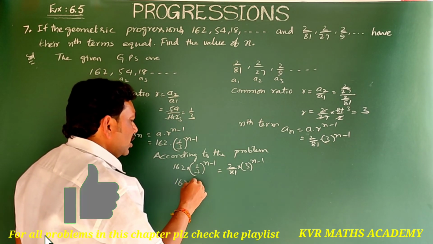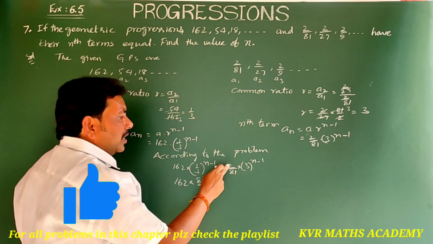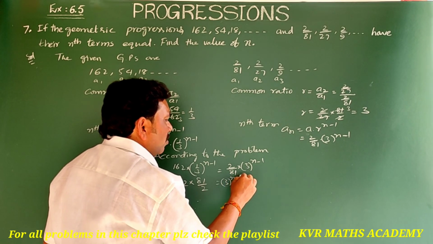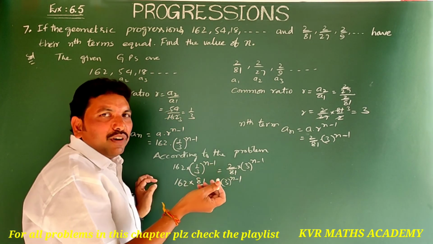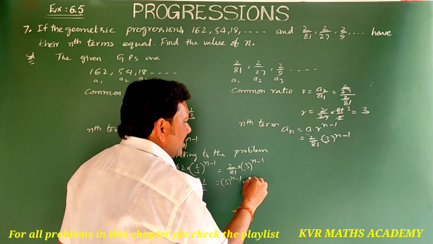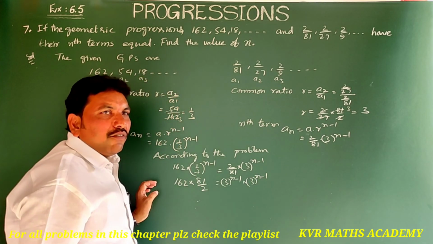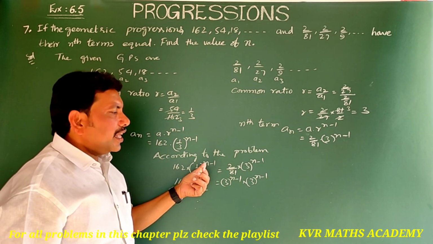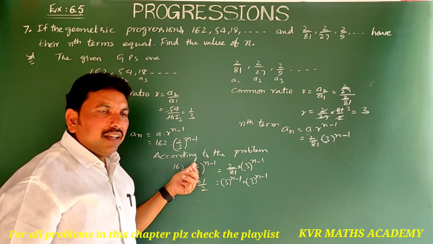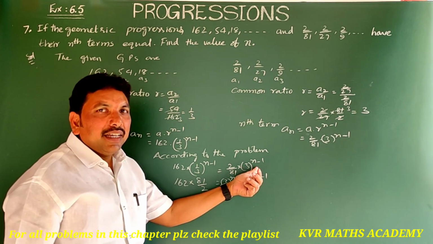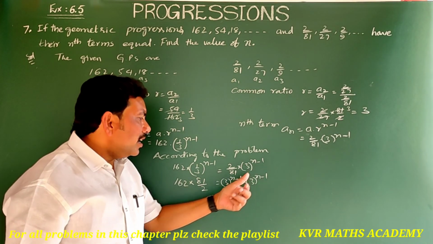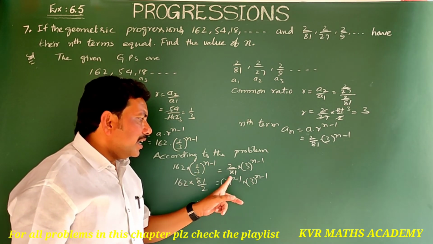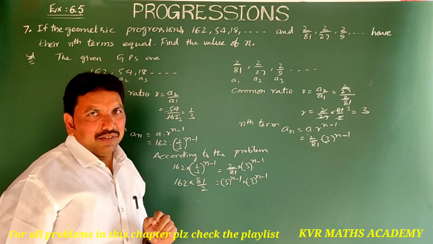So this is 162 into 81 by 2. 2 by 81 will become 81 by 2, is equal to 3 power n minus 1. Here 1 by 3 power n minus 1 will become, yes, it is also 3 power n minus 1. Why? Because 1 by 3 whole square means 1 by 9. If you transfer to this side, that will be 3 square, 9, 3 square only. So in the same way, 1 by 3 whole power n minus 1, if you transfer to the other side, this will become 3 power n minus 1.